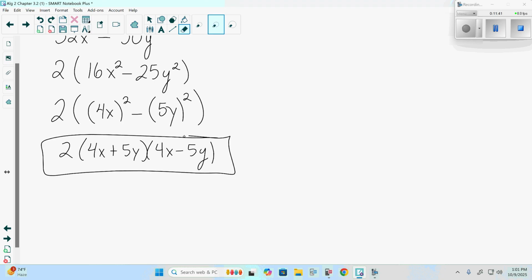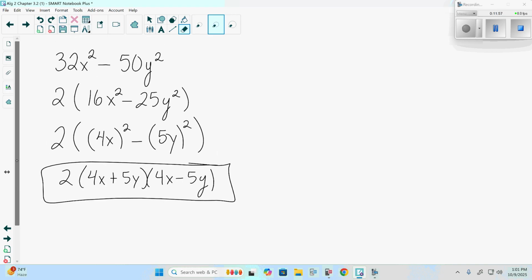So if there is a greatest common factor between the two terms, and that greatest common factor is not a perfect square, we have to factor it out before we can use the difference of perfect squares. Now, if it had been a perfect square, it would have actually worked out nicely, because say the greatest common factor, we put another factor of 2 in, and that would give us 64x squared minus 100y squared. So there's now a greatest common factor of 4, yes?